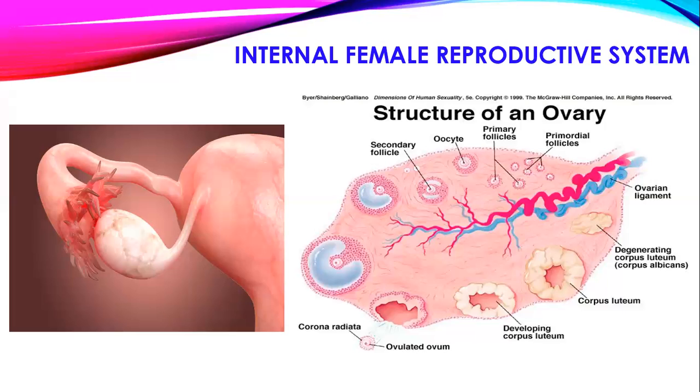Each of the follicles contains an oocyte, this one. An oocyte is a female germ cell. The medulla is a loose connective tissue with abundant blood vessels, lymphatic vessels, as well as nerve fibers.